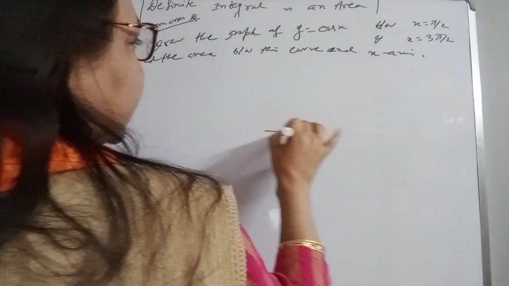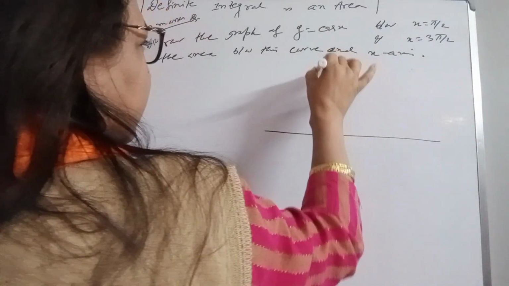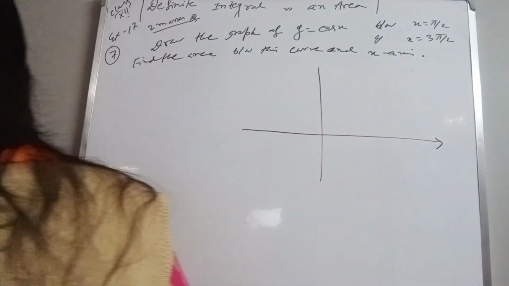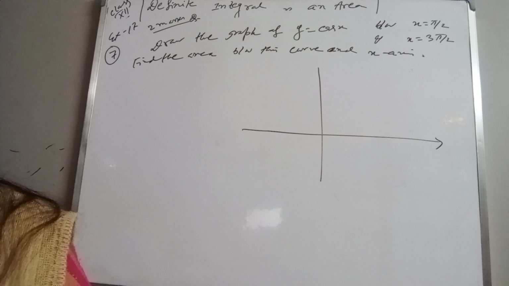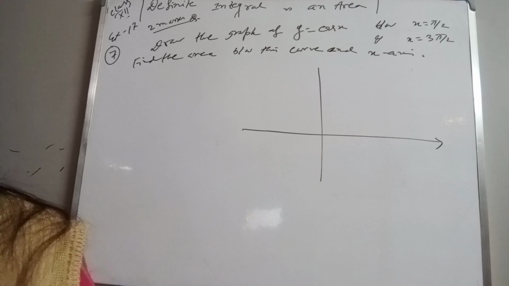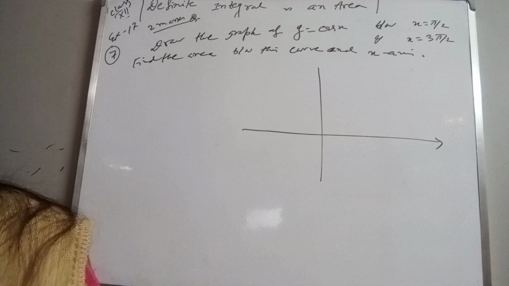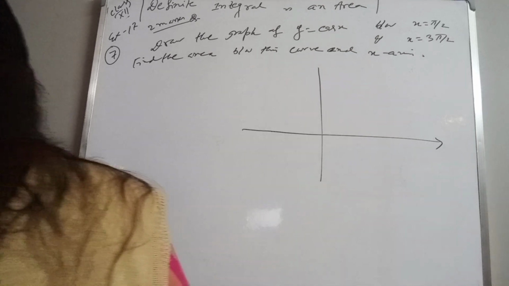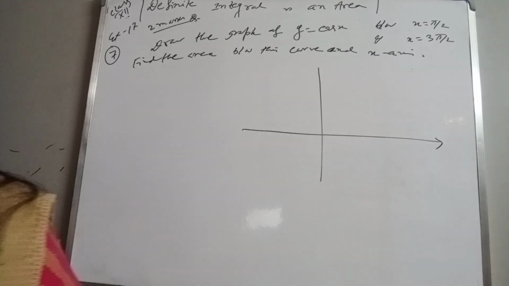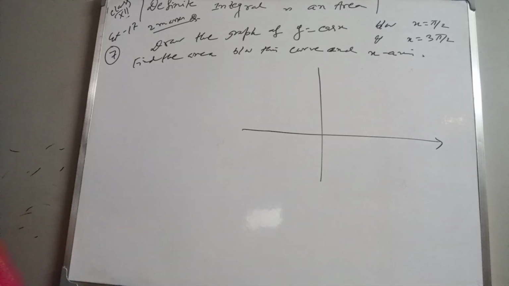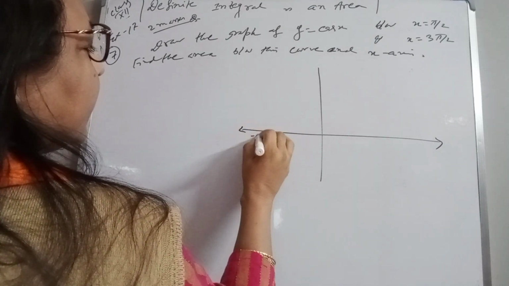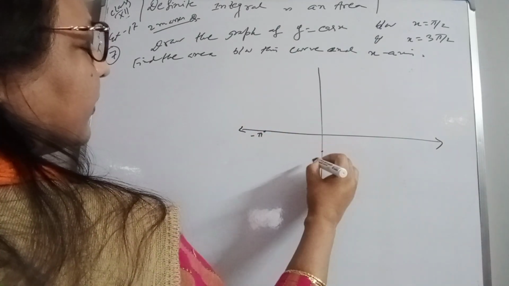What is the curve actually? We start this y is equal to cos x graph from minus pi, where cos x will be minus 1. Let us take this as minus pi and this as minus 1.